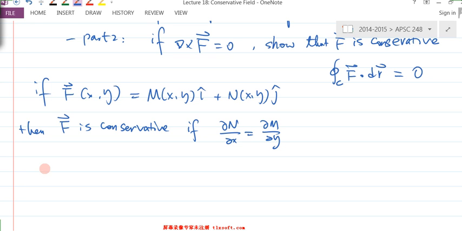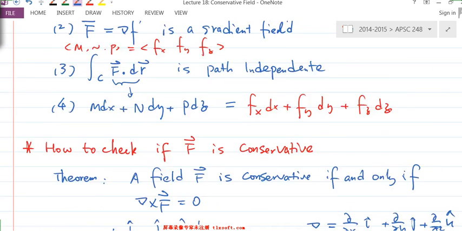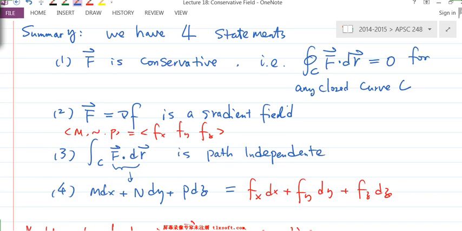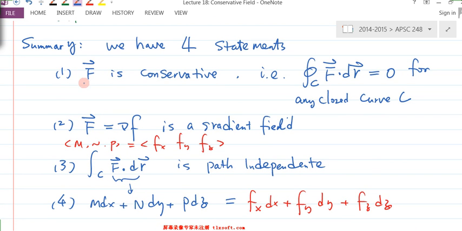Okay, so that solved the question, how do we know whether a vector field is a conservative field or not. And the last question is, if F is a conservative field, as we learned from those 4 properties, 1, 2, 3, 4 here, if F is conservative, which means what?